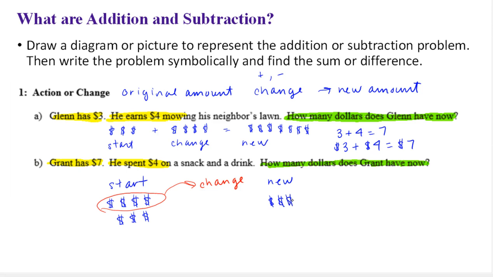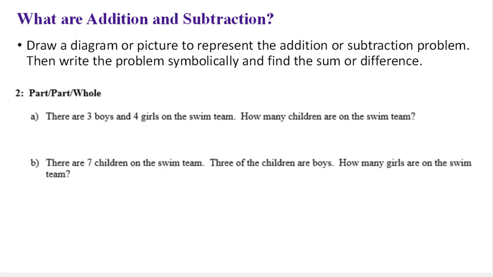So symbolically, we could say he started with 7. We subtracted $4. We took away $4, and the result is $3. Or with units, $7 minus $4 equals $3. So Grant now has $3. Let's look at the next type.